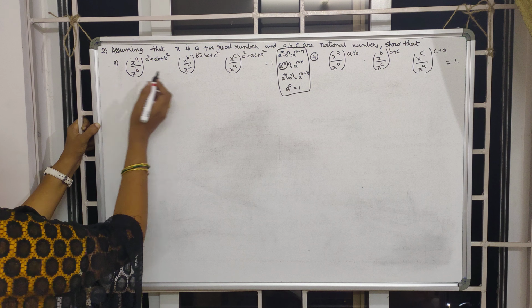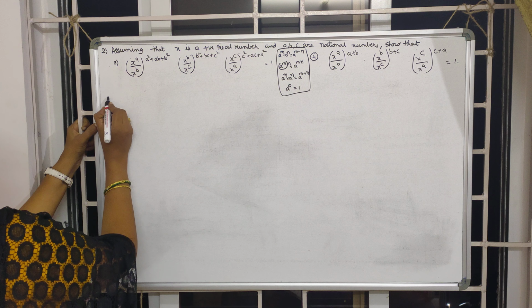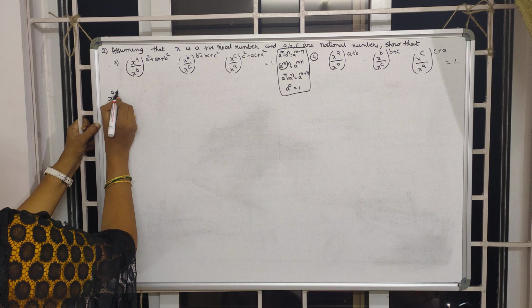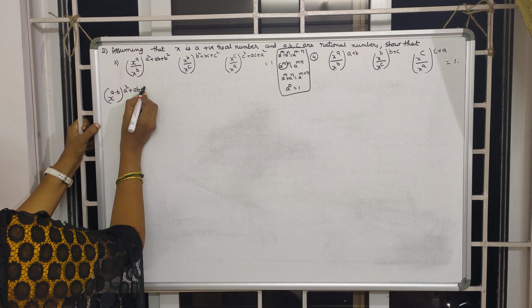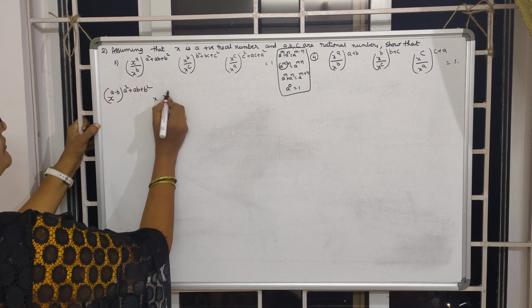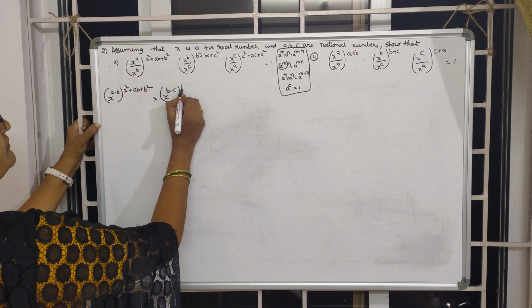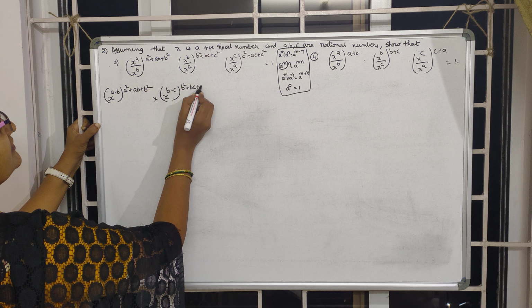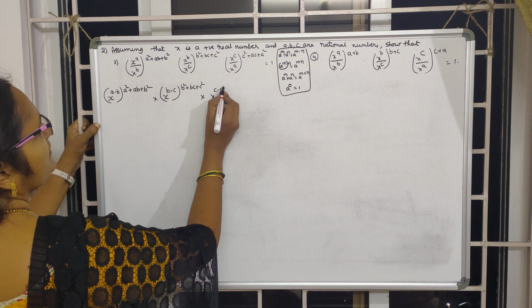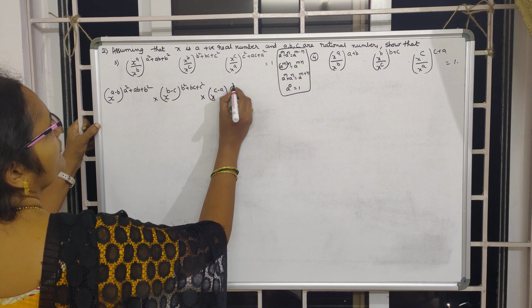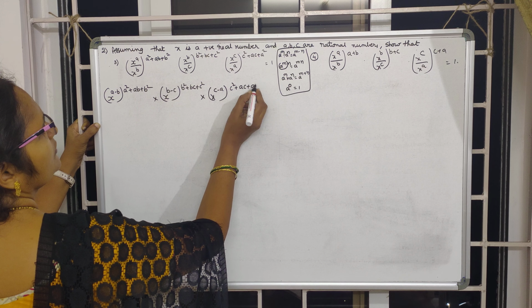Now in this, using the first formula, I am going to write this one as (x^(a−b))^(a² + ab + b²) times (x^(b−c))^(b² + bc + c²) times, using the first formula, this one can be written as (x^(c−a))^(c² + ac + a²).